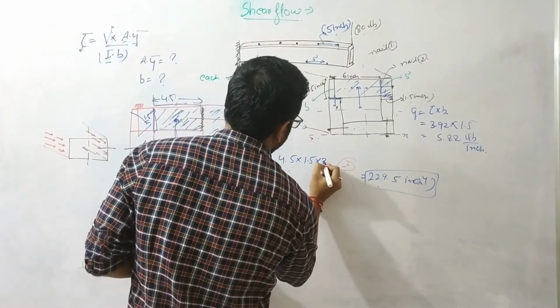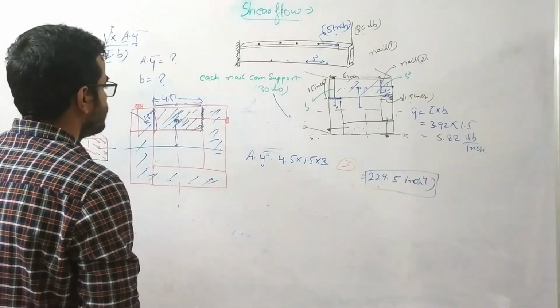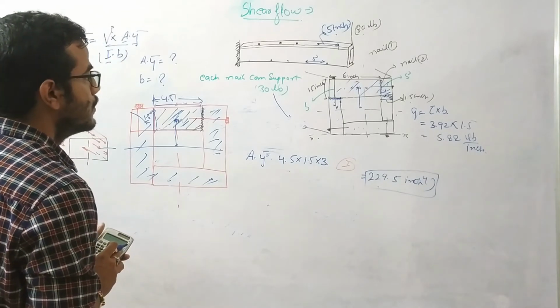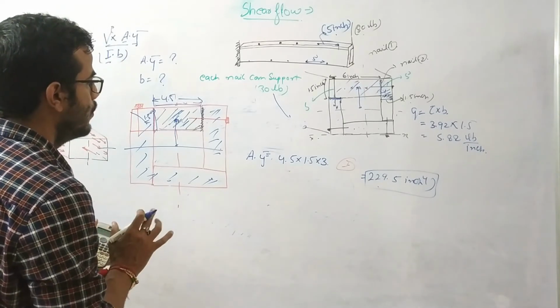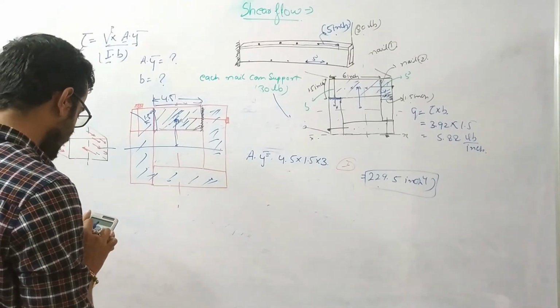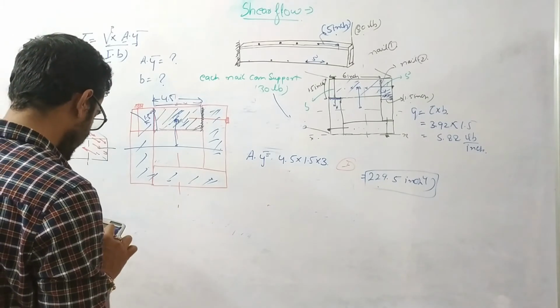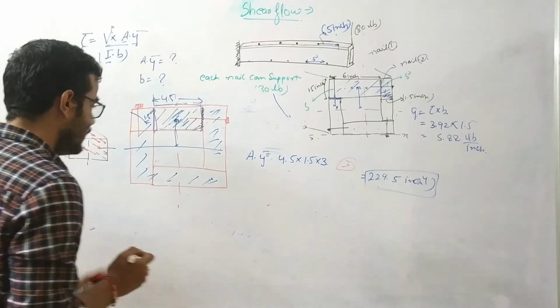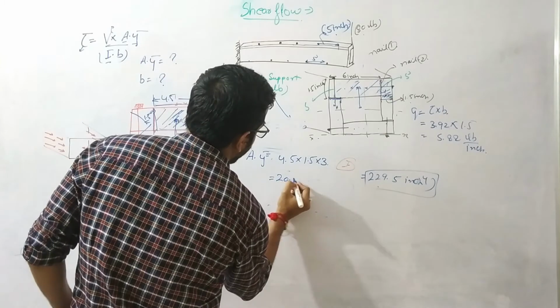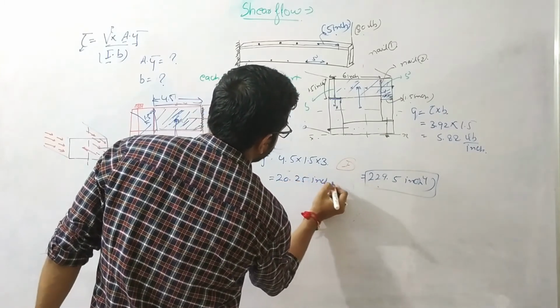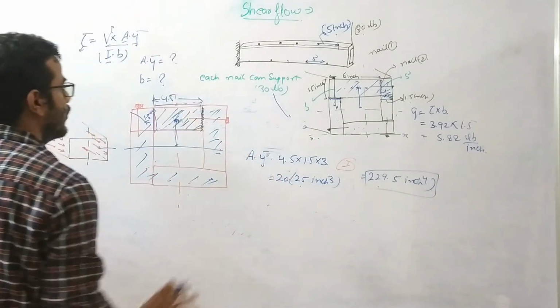So it is 3 inches. Now A y bar will be 4.5 into 1.5 into 3, which is 20.25 inch cube. That's not the volume.